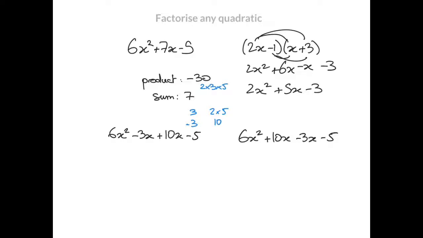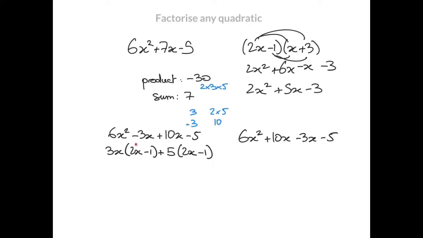But we'll look at this later. We now need to factorize the first two terms as much as we can. One common factor in these two is 3x, and we get 3x bracket 2x minus 1. If we repeat the same thing for the last two, one common factor is 5. We get 5 multiplying 2x minus 1.